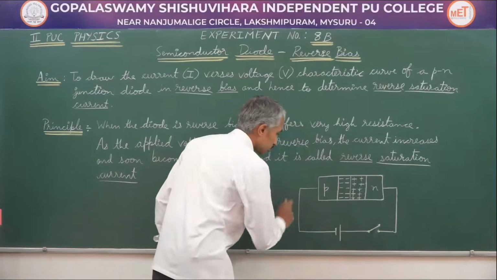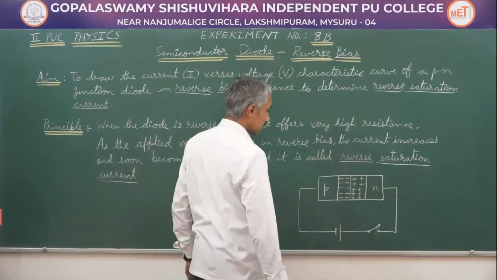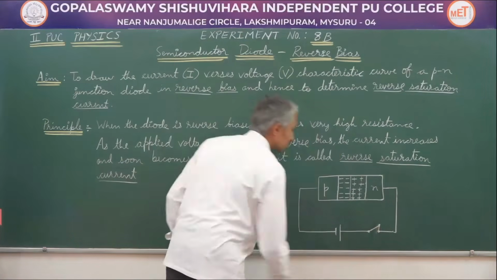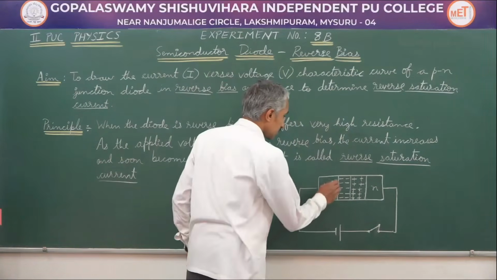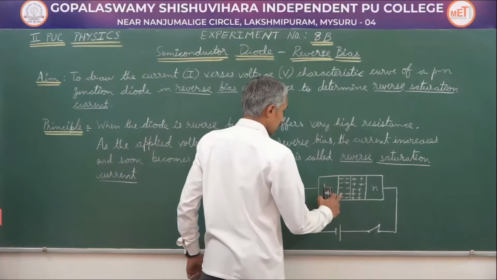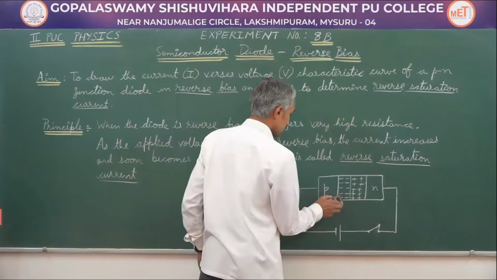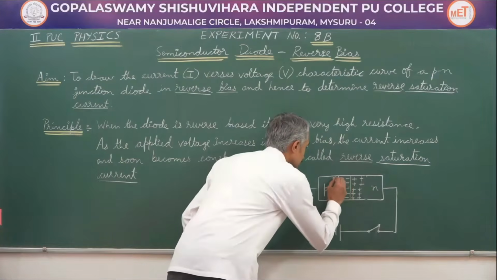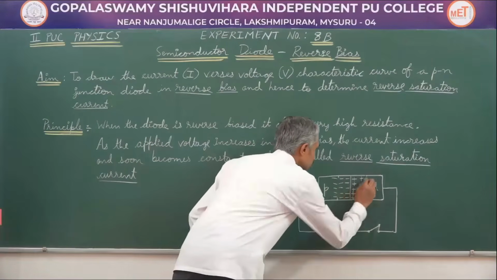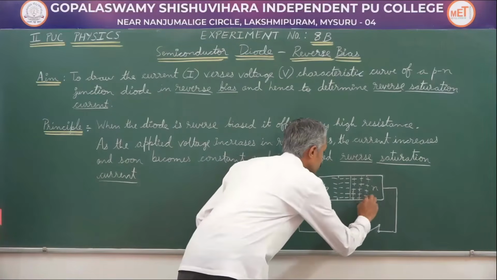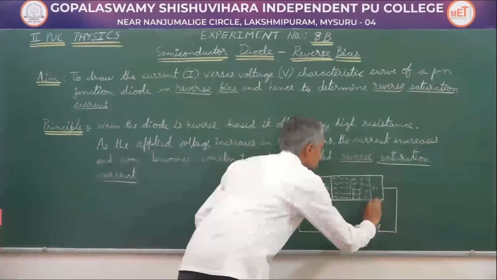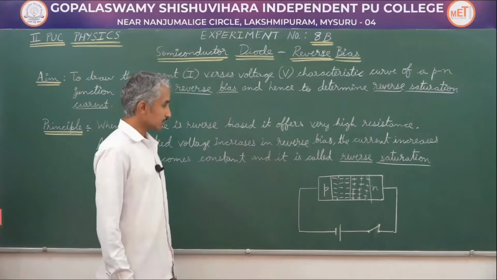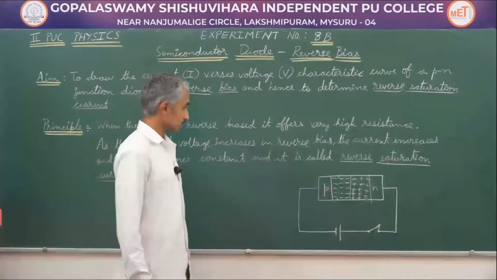If at all you connect P to negative of the battery and N to positive of a battery and switch on, what happens is the potential across the junction increases. This space charge region further increases, it widens, and the resistance of the junction increases than the earlier case.